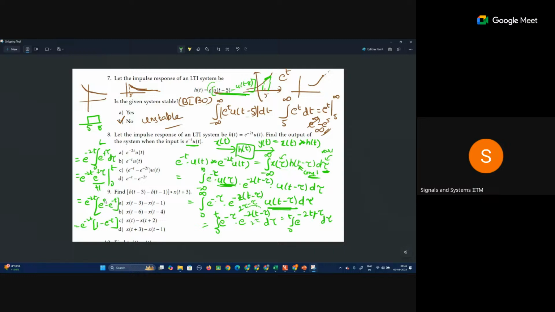Did you get why we got plus tau? 2 tau minus tau is tau, so here we get plus. As a result, we get e power minus 2t, then substituting, e power t minus e power 0. Then we get e power minus 2t times e power t minus 1.